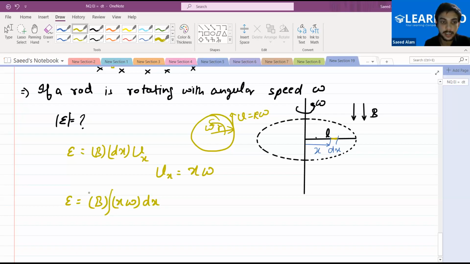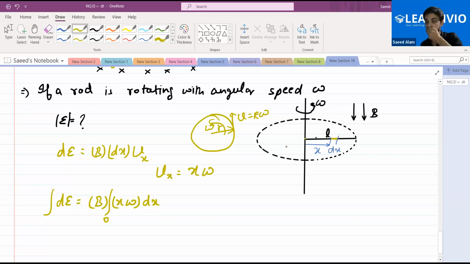So actually, this is the small dE, and this is the small dE. If I integrate at both sides, what will I get? From 0 to what should be the limit? Always keep in mind that we are varying x from the center point to this extreme point.